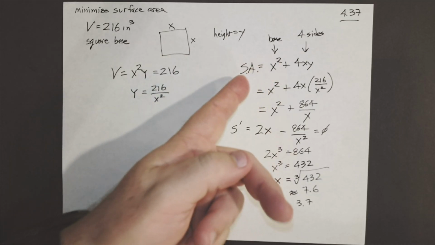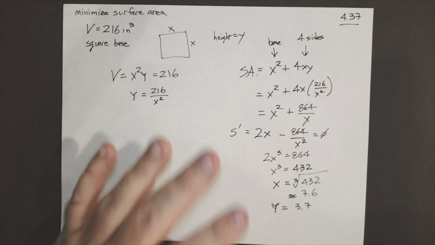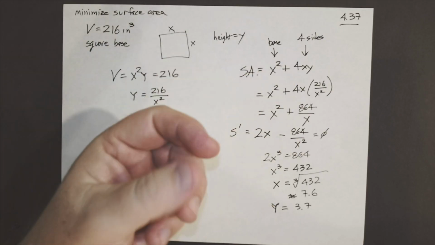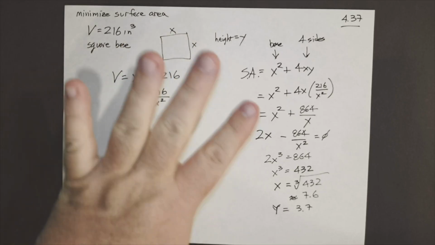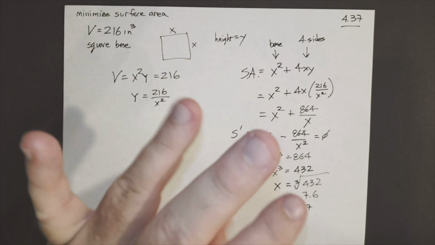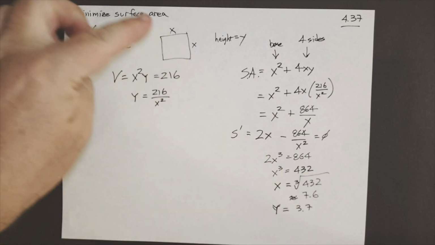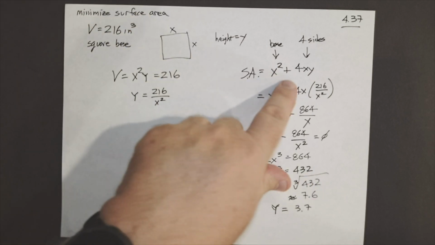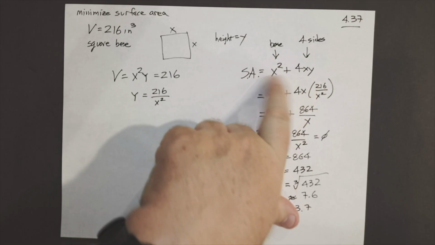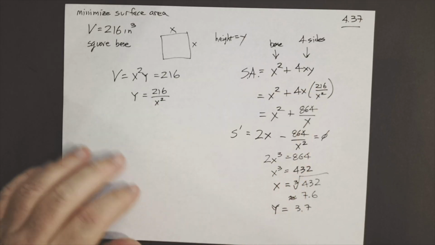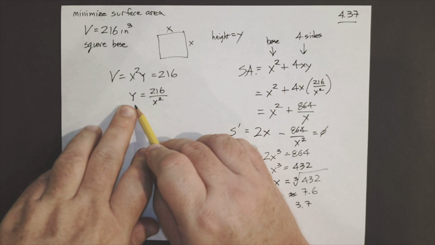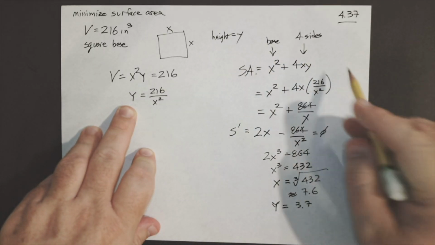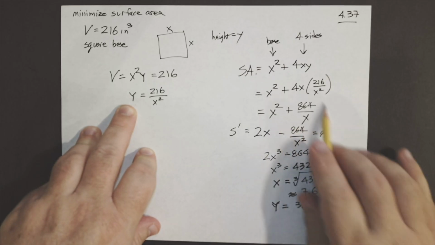Surface area, which is what we're trying to minimize, because remember, there are 5 pieces to this open top box. There's the base right here, which is x squared, and then the 4 sides. Each side is x times y, length times height. So there's 4xy for the 4 sides. That's the surface area formula. Again, I can solve for y, plug that in over here, do some math, and I get this.